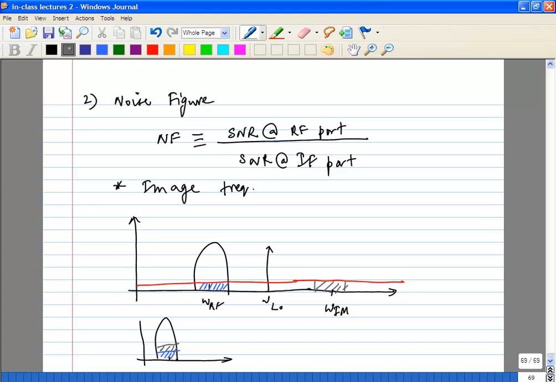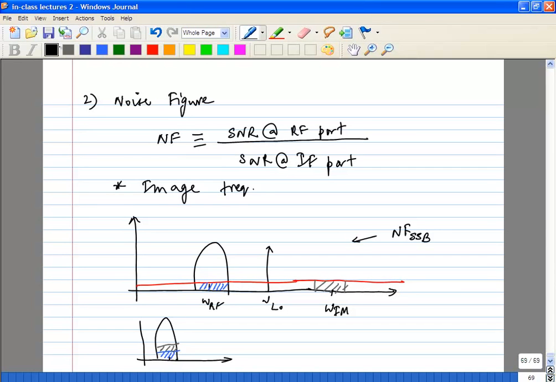This would be the case in most mixers, because you will be interested in only one sideband. So there are actually two definitions of noise figure. One is called the double sideband noise figure, the other is called the single sideband noise figure. This would be what is called the single sideband noise figure.